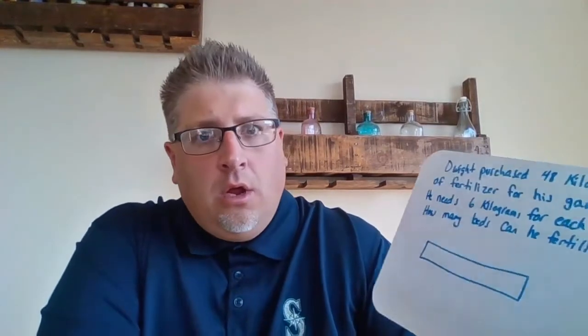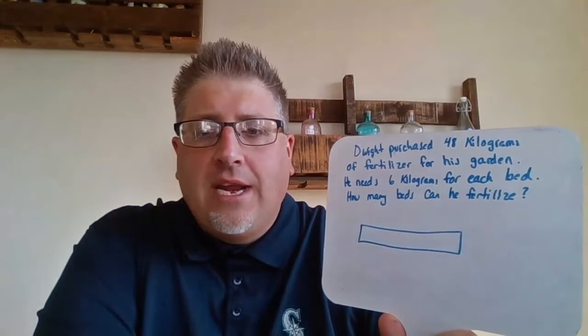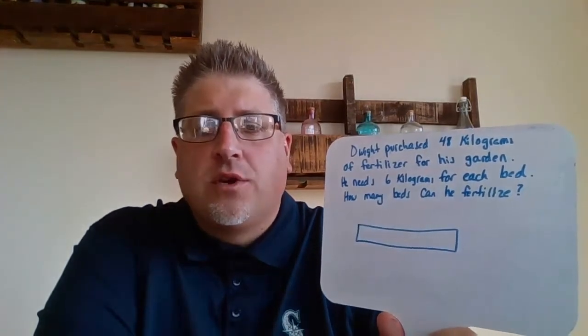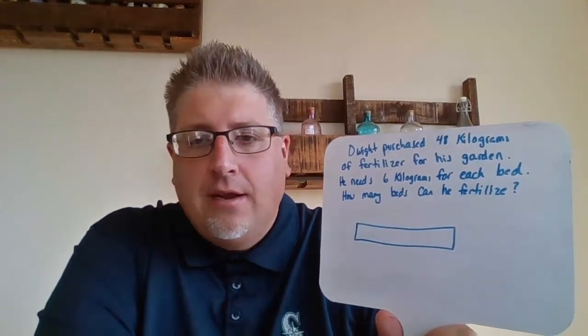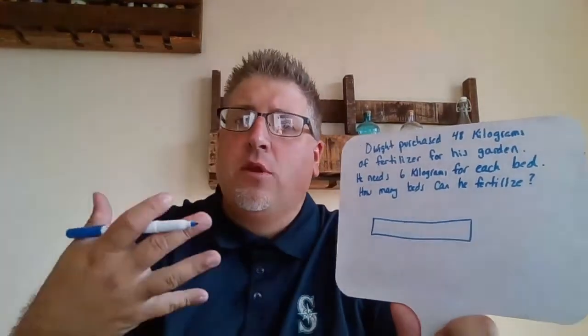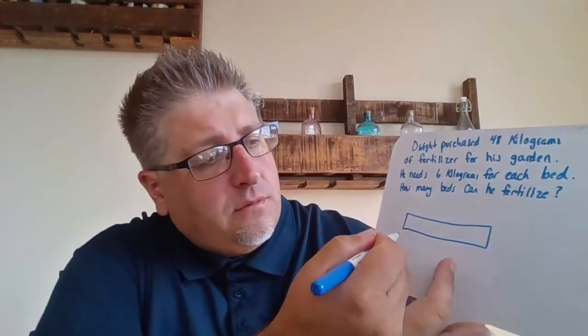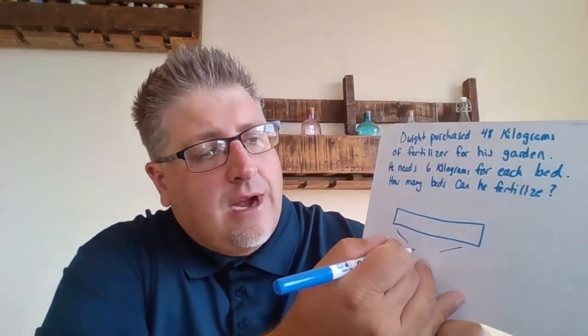Let's attack this last question here. We really got to think about what we have here. It says, Dwight purchased 48 kilograms of fertilizer for his garden. He needs 6 kilograms for each bed. How many beds can he fertilize? So on our tape diagram here, we know we have 48 kilograms to work with.